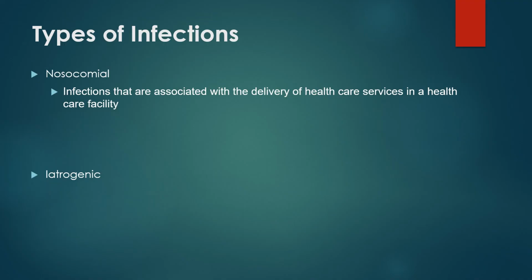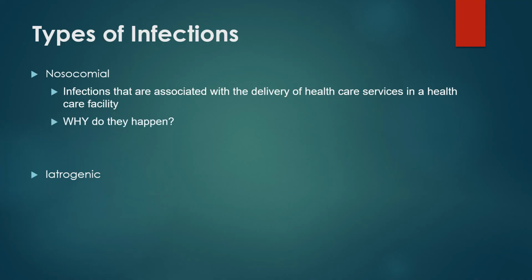For example, a client comes in for a broken hip, but while hospitalized for their broken hip, they end up getting pneumonia or some sort of infection from being hospitalized in that area.